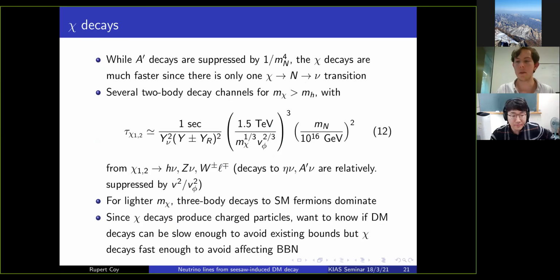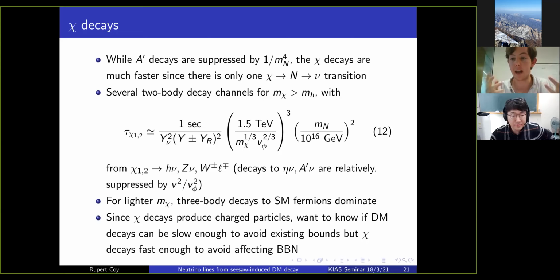So that's a lot of time spent on the A prime decay. Of course, the other particle that's decaying here with a different rate is the chi. The A prime decay was so slow because you had A prime to 2 chis, and so you had 2 lots of chi to nu transitions, each of which came with a 1 on Mn factor.